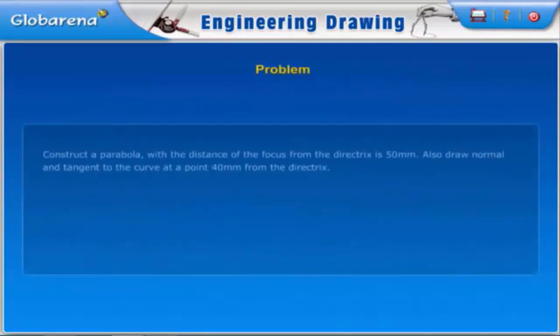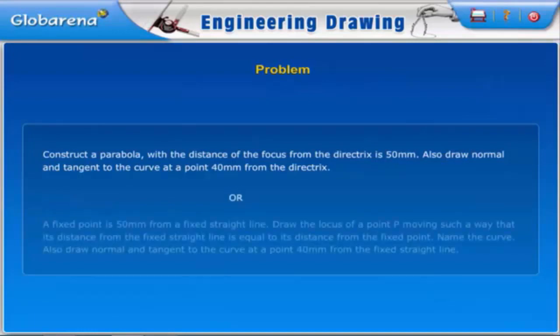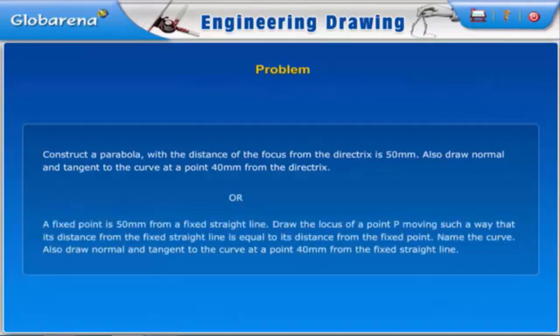Problem. Construct a parabola where the distance of the focus from the directrix is 50 millimeters. Also, draw normal and tangent to the curve at a point 40 millimeters from the directrix. Or, a fixed point is 50 millimeters from a fixed straight line.